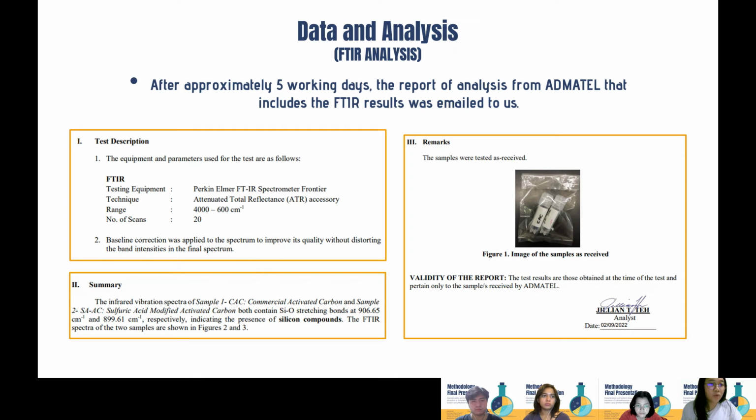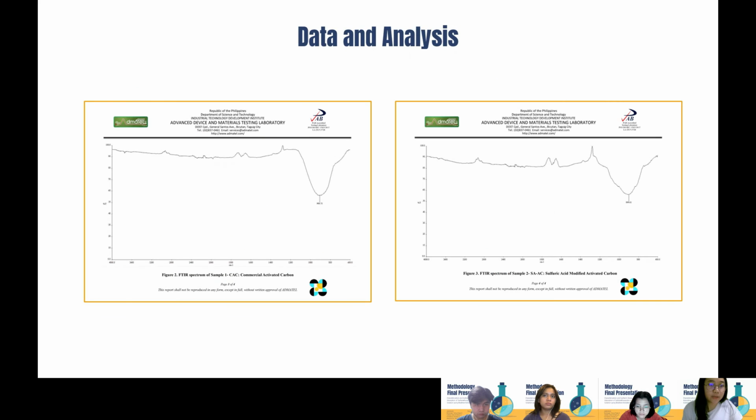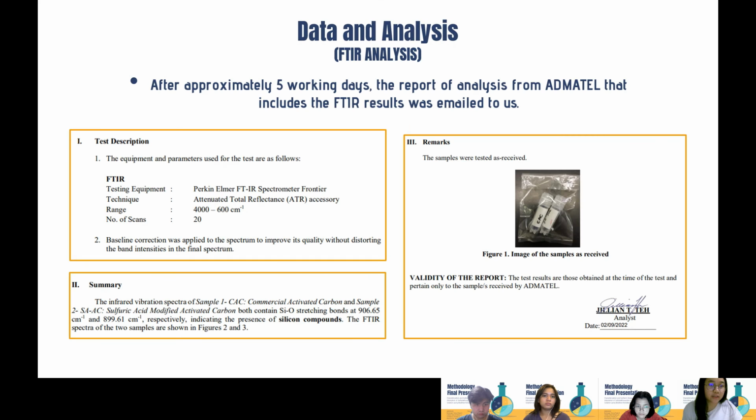The testing equipment used was the Perkin-Elmer FTIR spectrometer Frontier. For the technique, it was an attenuated total reflectance, or ATR, accessory. Through the ATR method, the samples were directly measured for FTIR.